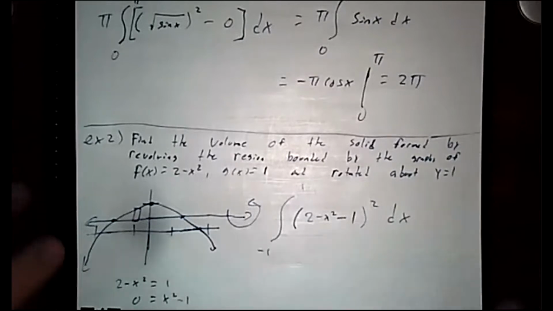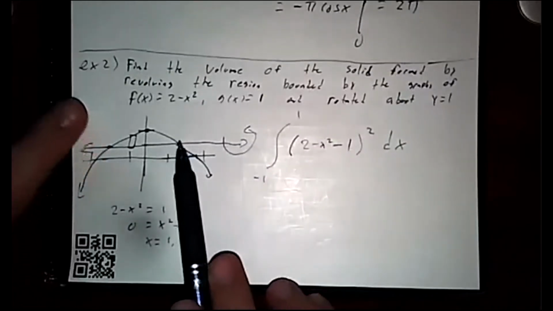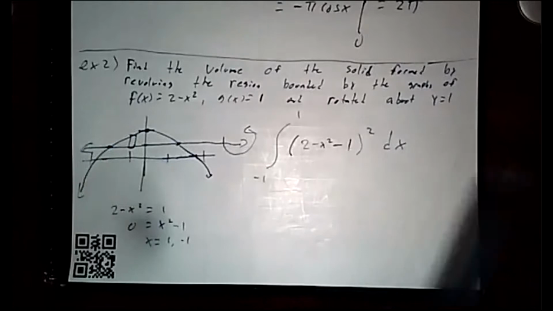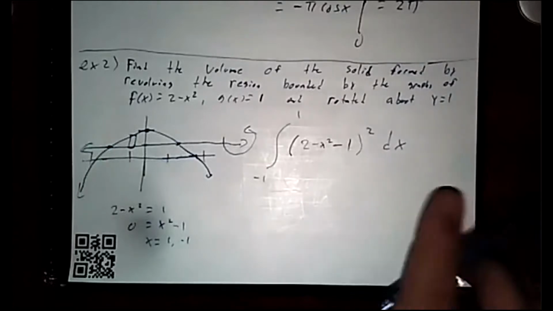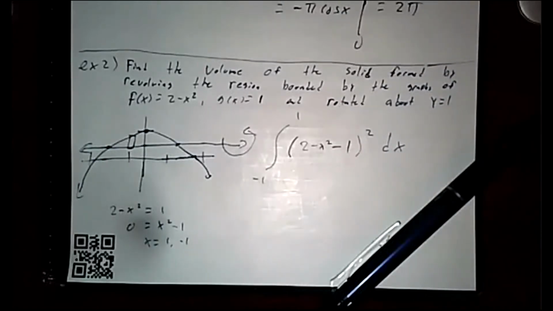So my graph is not to scale. It doesn't actually intersect way out here, but that's okay. Let's graph the prettier function.